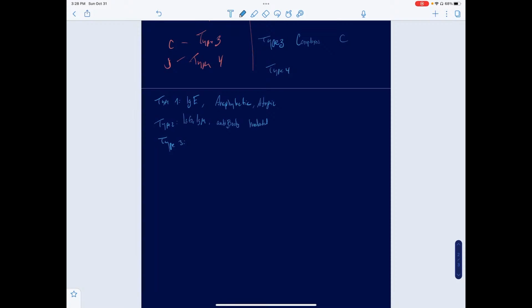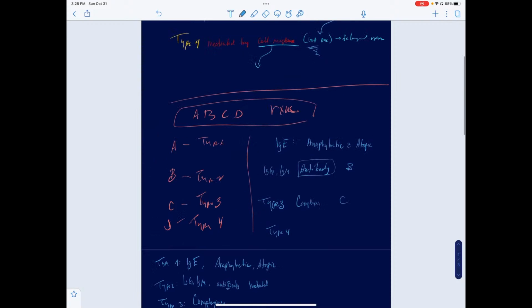Now we said that type 3 is the letter C, and it's for complexes or immune complexes. Type 4, delayed response.